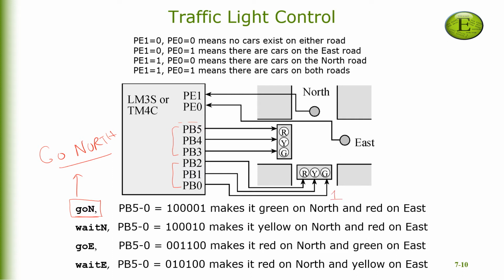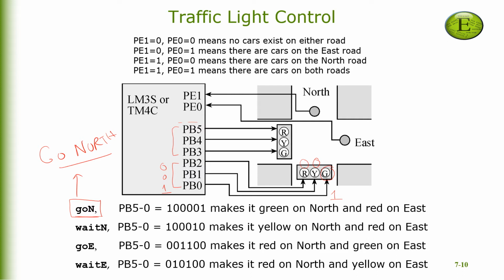That will turn on the green light. And when the green light is turned on, then naturally the yellow light should be turned off, and so is the red light on the same traffic signal. So this gives us 0, 0, 1 on the three least significant bits of port B.